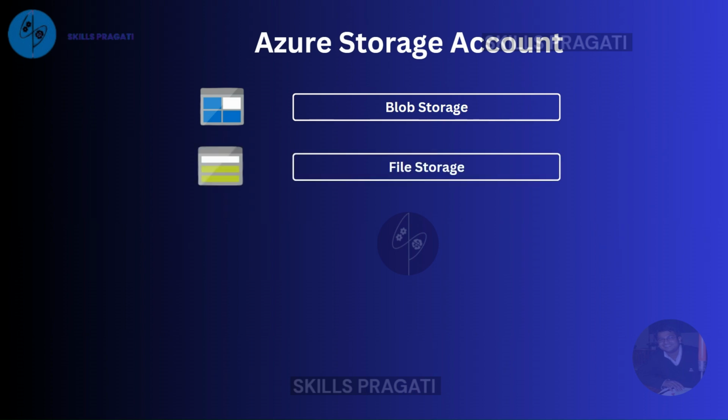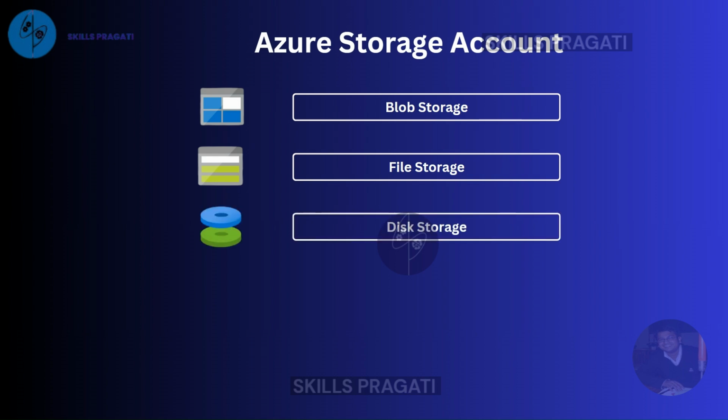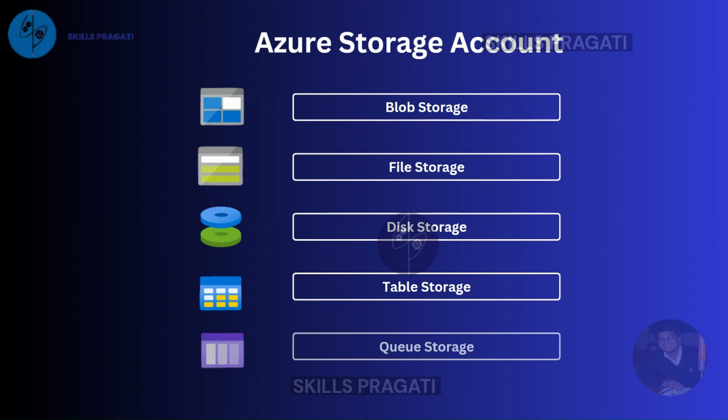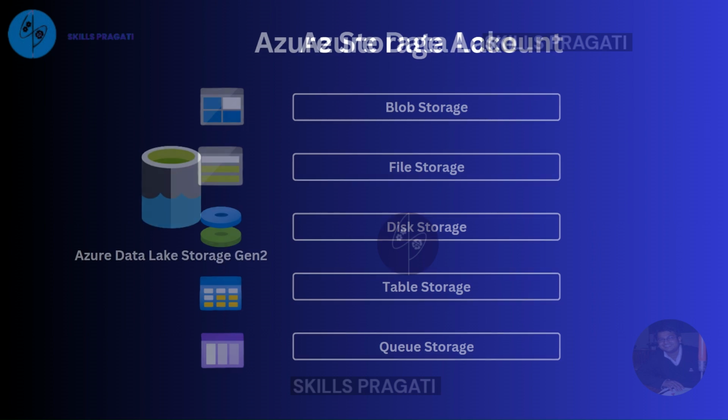File storage offers a fully managed cloud file store that you can access from anywhere via SMB protocol. Disk storage for storing virtual machine disks on Azure VMs. Table storage that lets you store structured data in the form of key-value pairs. And finally, queue storage that can be used to store and retrieve messages from the queue.